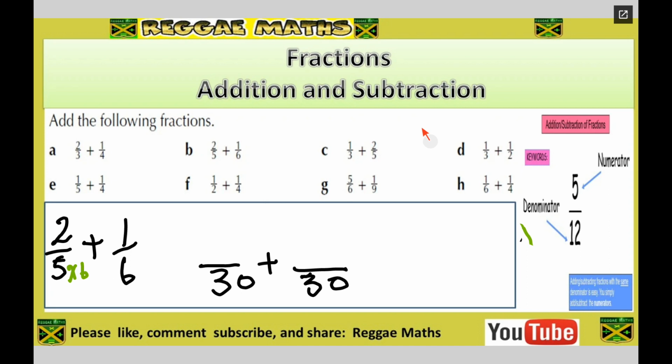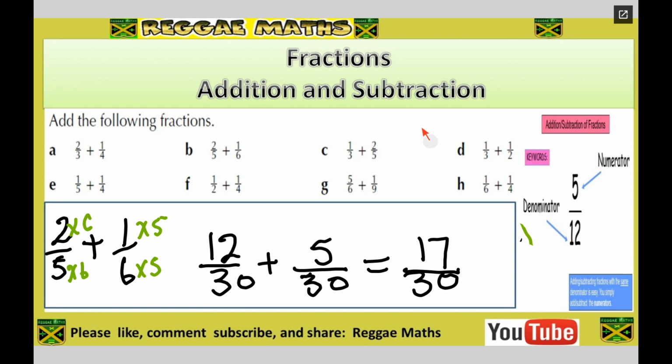The same thing you do to the bottom, you do to the top. So 2 times 5 is 10. Hmm, for the first fraction, 6 times 2 is 12. What do I need to do for the other? Multiply by 6: 6 times 5, 1 times 5. So again, 1 times 5 is 5. The denominator remains the same. So now you can see 12 plus 5 is 17.